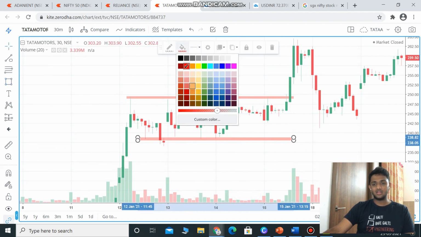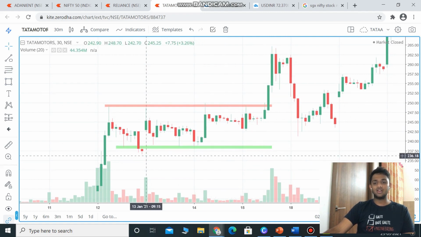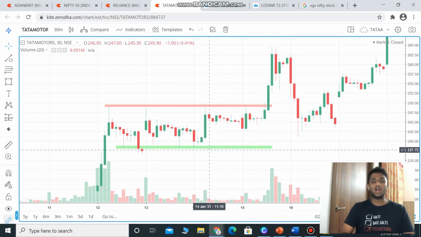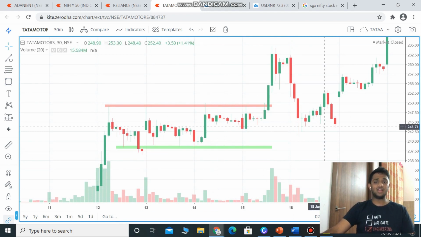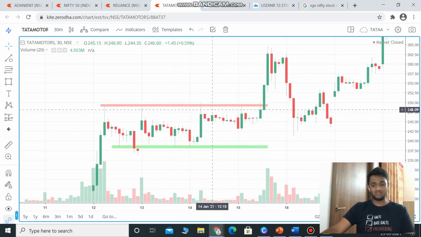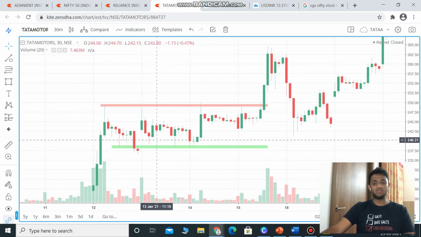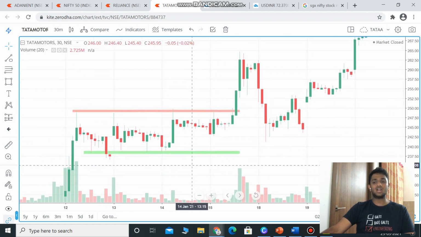This is how you start finding where you have a major selling zone and where you have a buying zone. Now, where you have to buy is at the support level, where you have to sell is at the resistance level. So when you come to this point, you start selling. When you come to this point, you start buying.